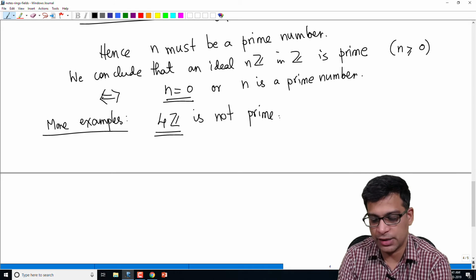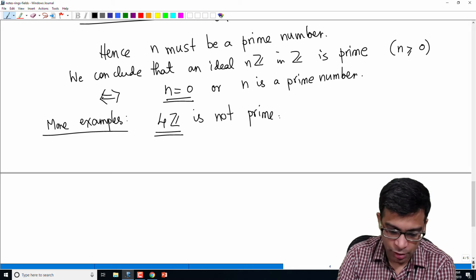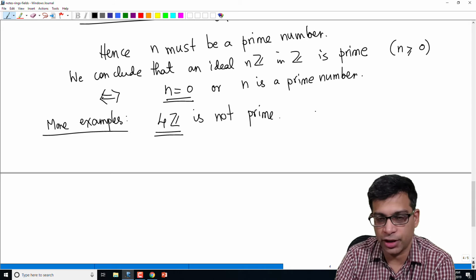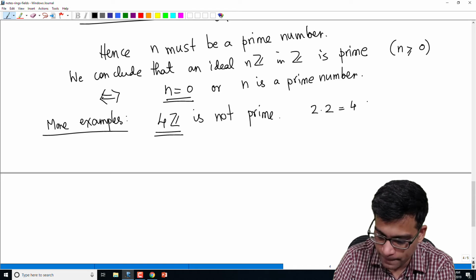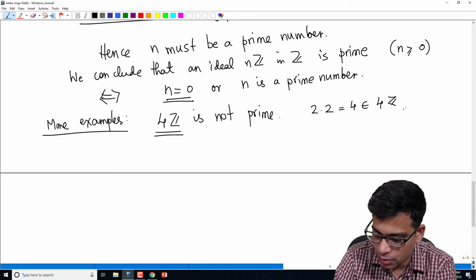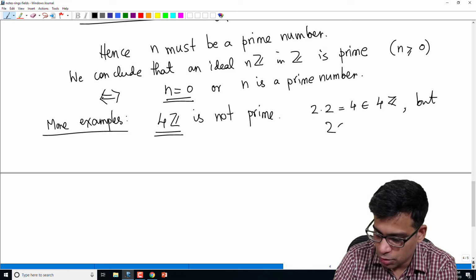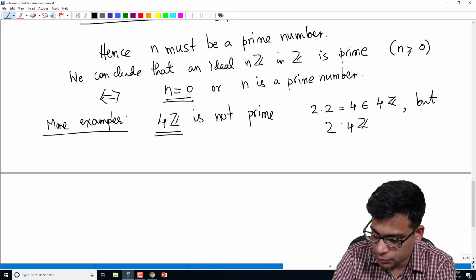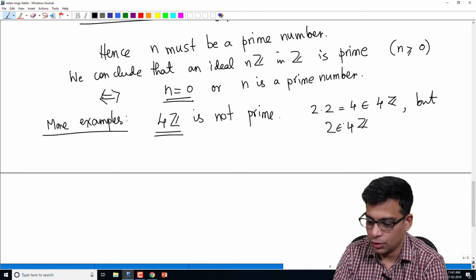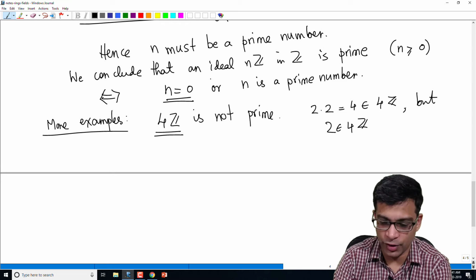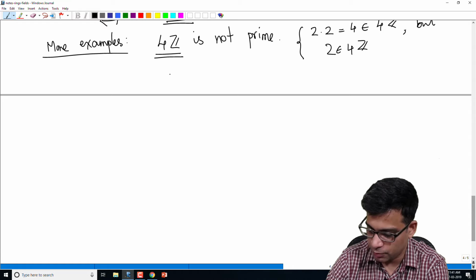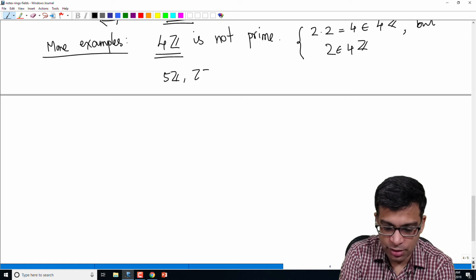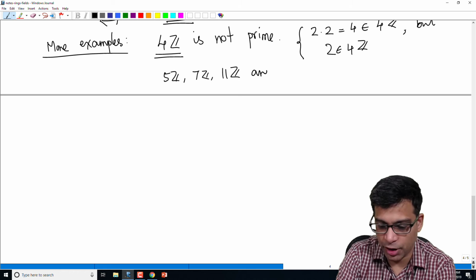This is because we saw it in the proof, but I want to illustrate this again. 2 times 2, which is 4, is in 4Z, but 2 is not in 4Z. So this is exactly the proof that we gave earlier. In this specific example, this is what it looks like. 4Z is not prime, 5Z, 7Z, 11Z are prime, and so on.